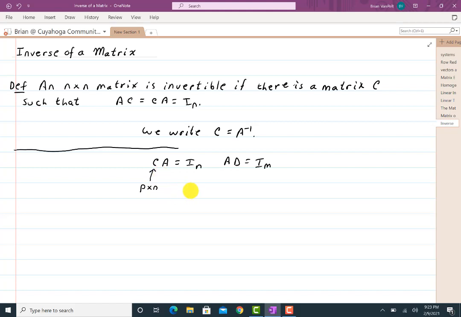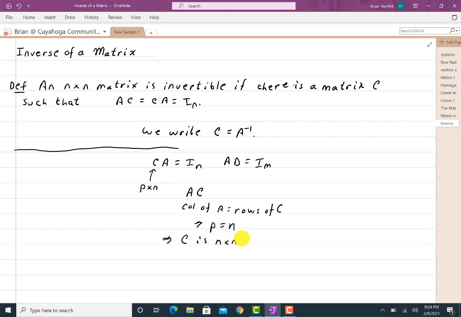A is an n by n. So C on the other side, being a p by n, means that the columns of A equals the rows of C. So that will force p to also equal n, and then we'll have that C is n by n as well.